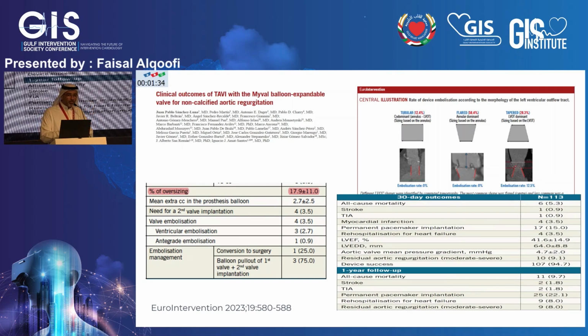Here we want to look at the outflow tract in relation to the annulus. If you have the tapered one, it has been associated with the highest risk of embolization. More importantly, the oversize ratio for a balloon expandable valve in this trial was almost 18%, and in some cases reaching 25% in order to match that. And despite that, the outcome was not as comparable, with significant paravalvular leak and also a second valve needed.